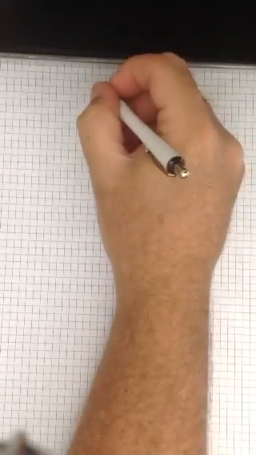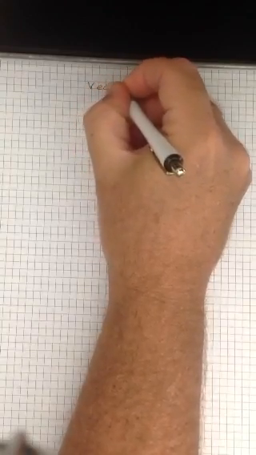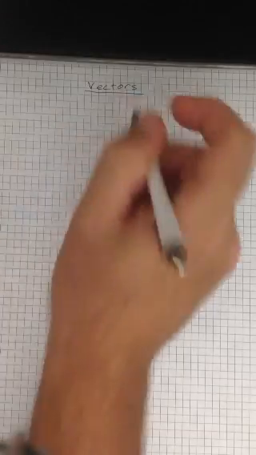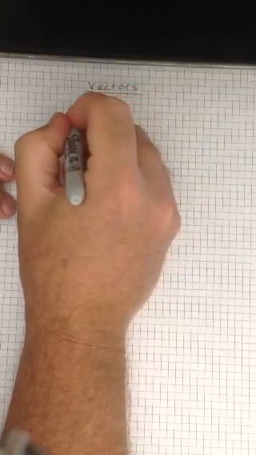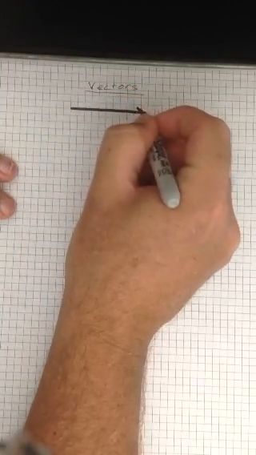Okay, today we're going to talk about vectors. Vectors are amazing things. A vector is a line with an arrowhead.